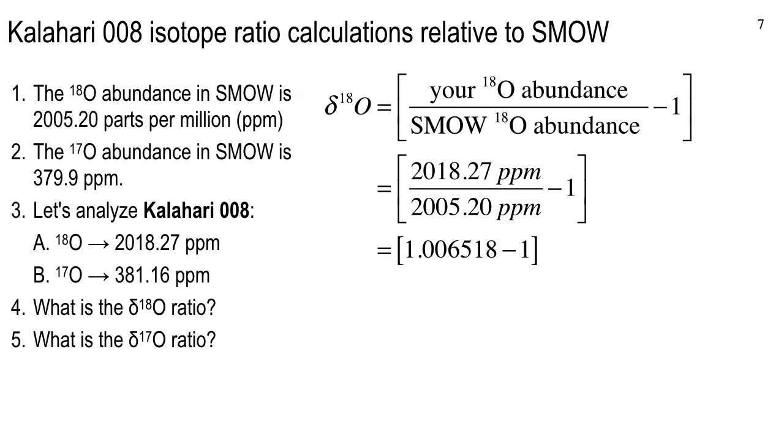Look at the oxygen 17 ratio, the abundance for oxygen 17. It's 381. Is that above or below SMOW? It's above. So when we do delta 17 oxygen, all right, now what's your name again? Casey. That's what I thought. Casey, when we do oxygen 17, you're going to get 1 point something again.